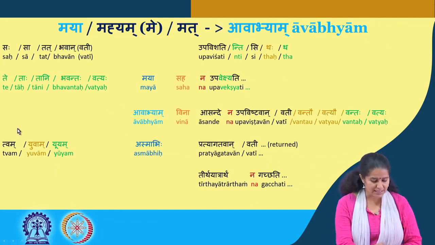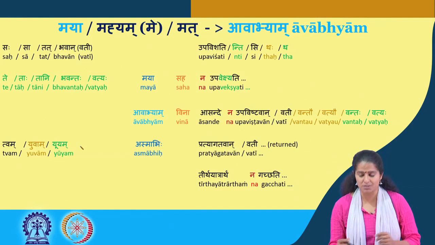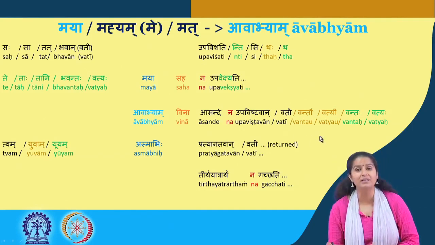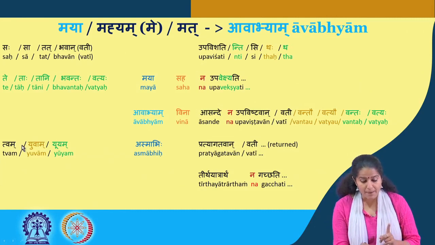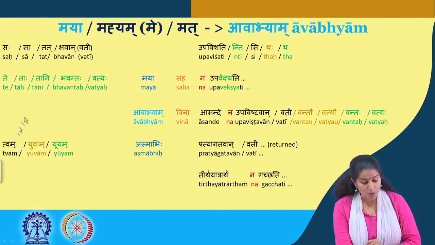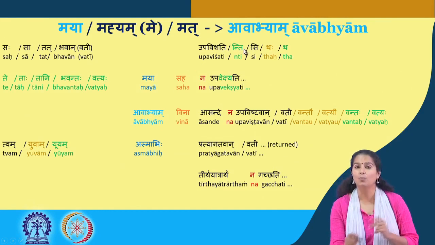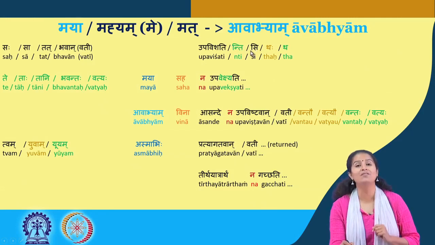I'd like to indicate the second person here so that you have a practice of the dual, especially in the simplified past that we have here. So here we have Tvam maya saha upavishasi. Tvam avabhyam saha upavishasi. Tvam asmabhihi saha upavishasi.